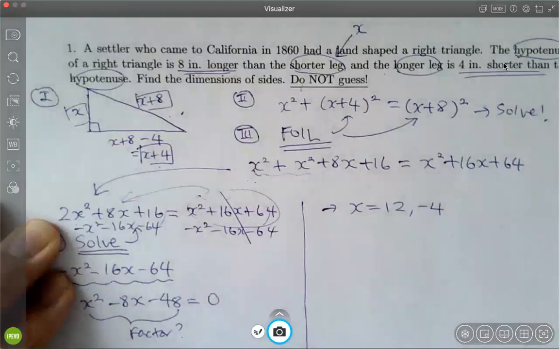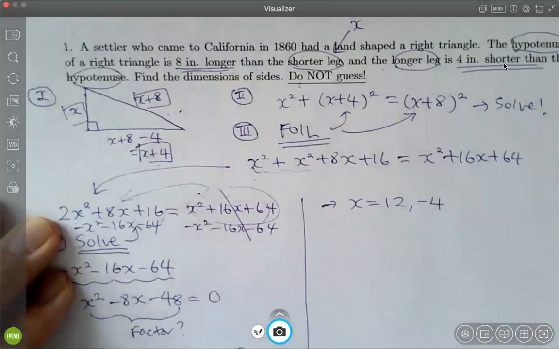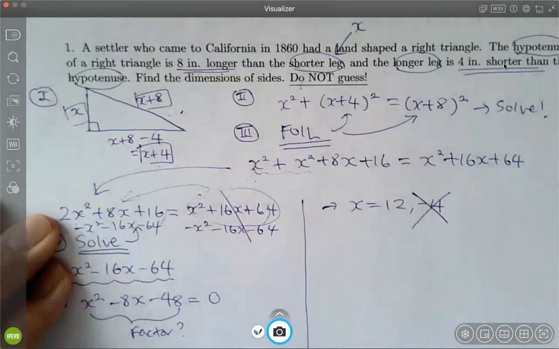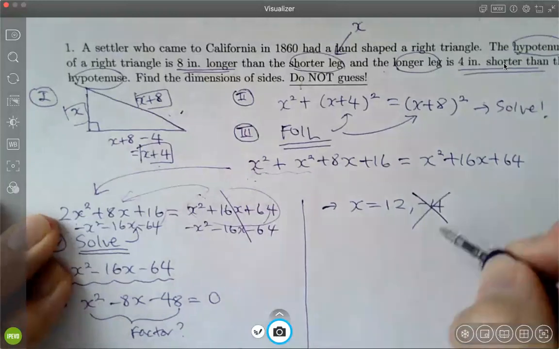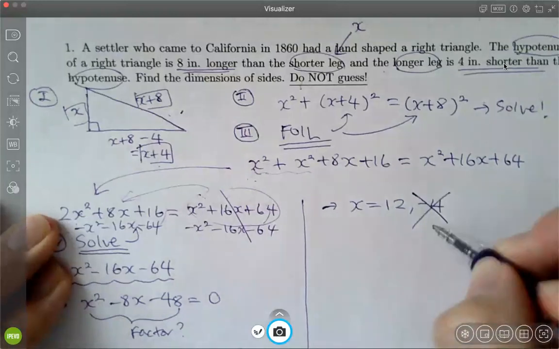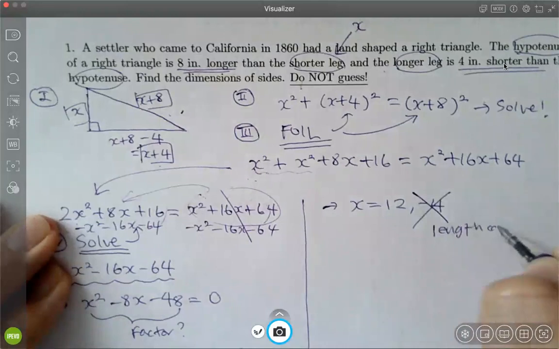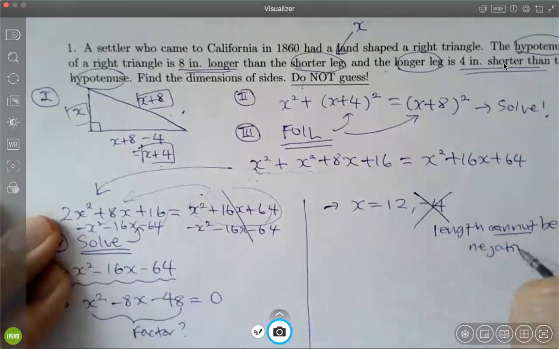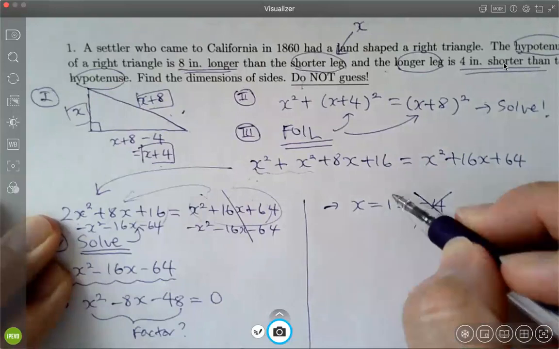Now, what do you know about any length? Can it be negative? No. So which one doesn't work? This one doesn't work, right? Any length cannot be negative. So that's why negative 4 is out. So is the answer equal to 12?